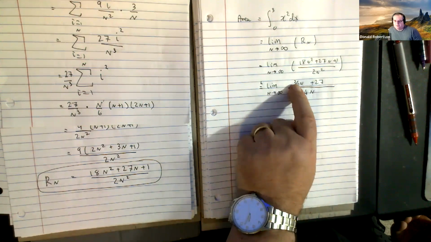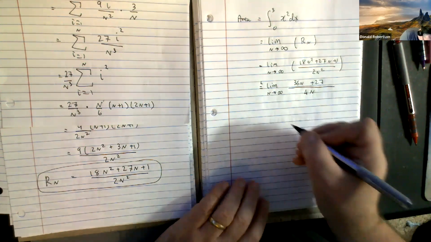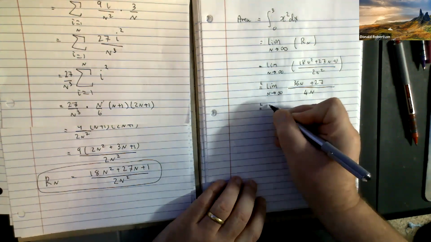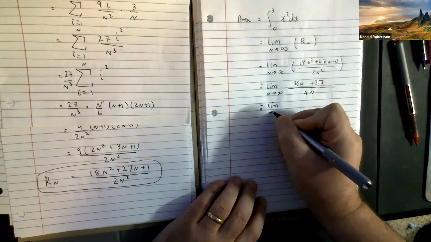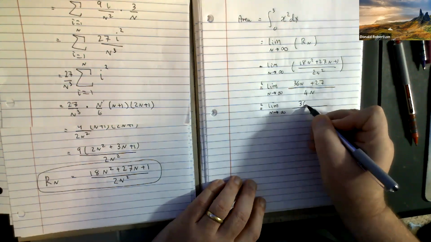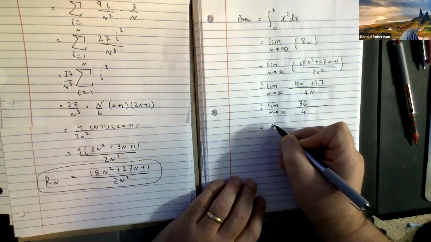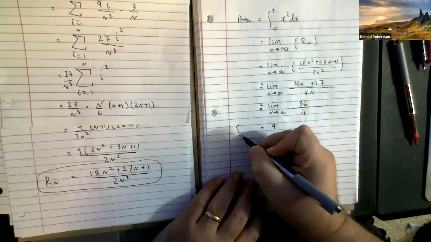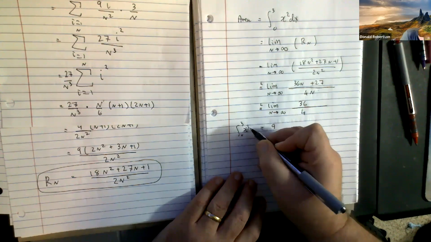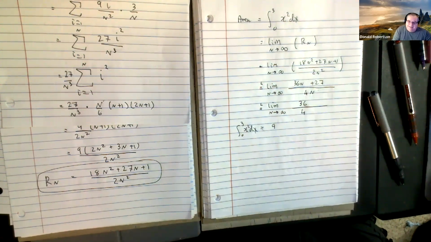And then you try and put infinity in, and it's still indeterminate form, and that's not uncommon with L'Hopital, so you just do L'Hopital again. You differentiate the top, and you get 36, and you differentiate the bottom, you get 4, and there you go. The exact value for that guy is 9.